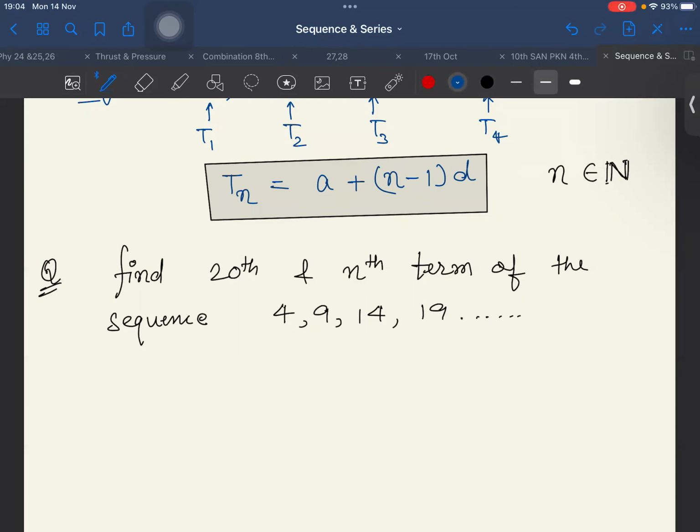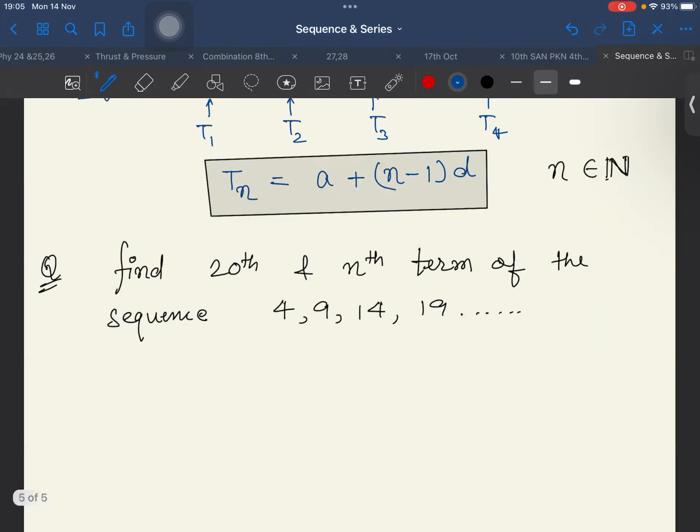Do you need any help? Okay, then solve it yourself. Got it? Shikruti, you got the answer? Yes, sir. Okay, so everyone got the answer, hopefully.